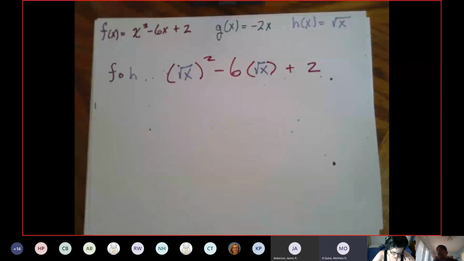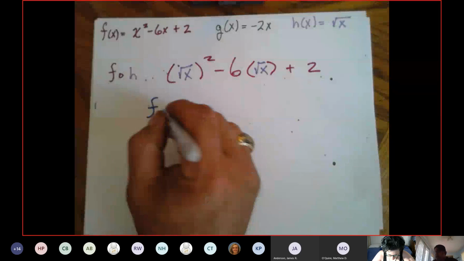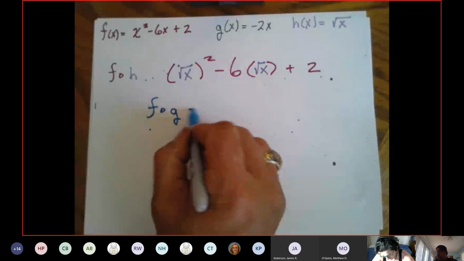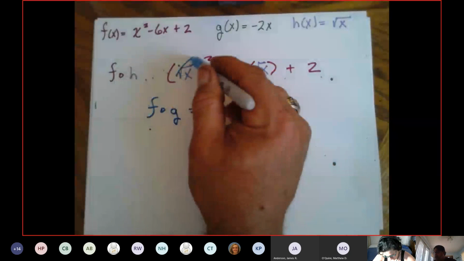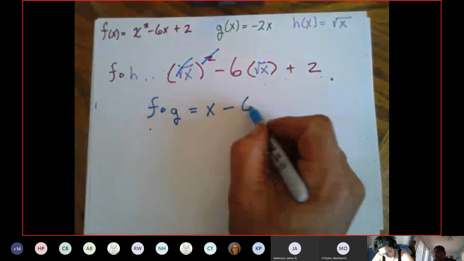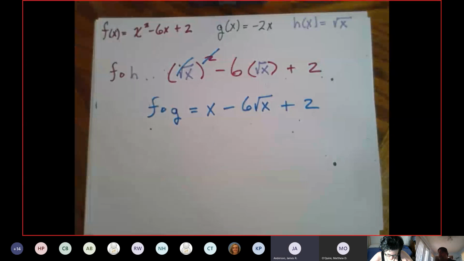And of course, I'll do this in blue because this is my answer. F composed of g is equal to x minus 6 square root of x plus 2. And that's basically it. You can rewrite it x minus 6 square root of x plus 2, or x plus 2 minus 6 square root of x.